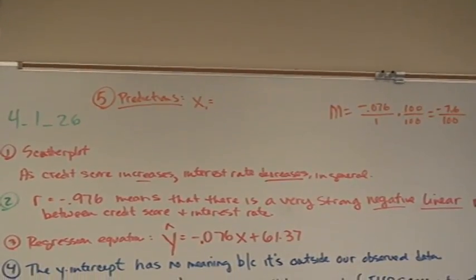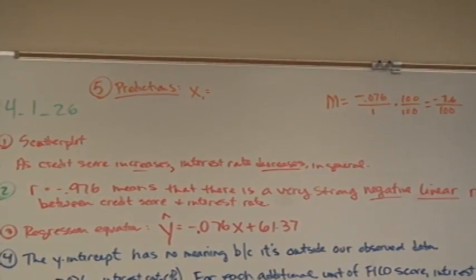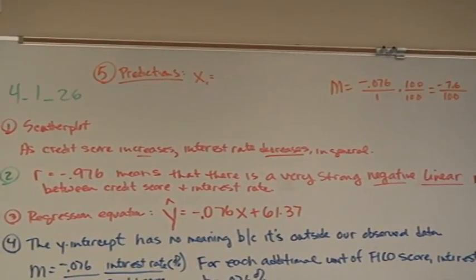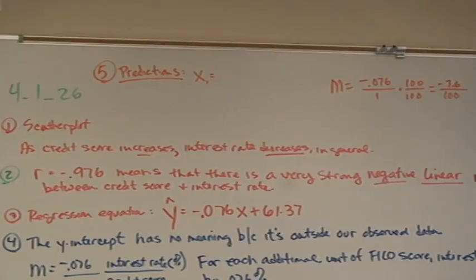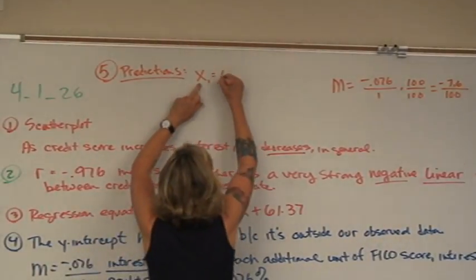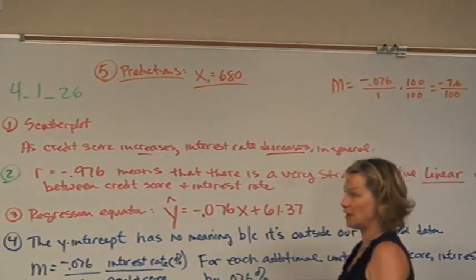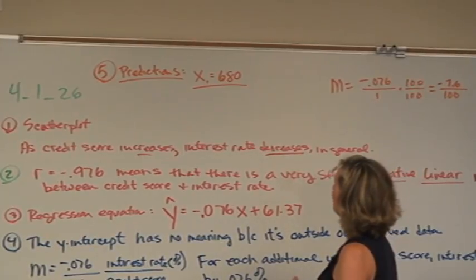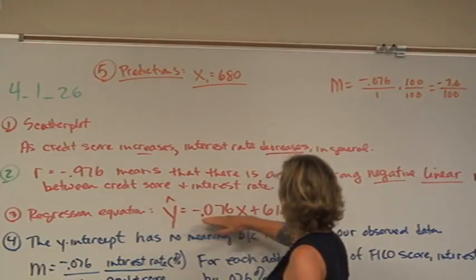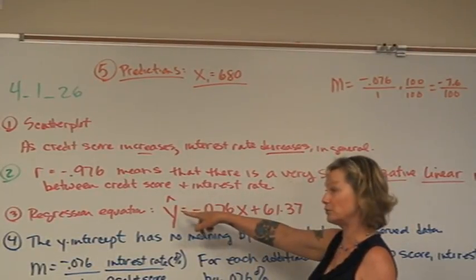Somewhere between 545 and 750. 680? Okay, thank you. Let's say you have a FICO score of 680. What kind of interest rate can you get? You could plug 680 into the regression equation for X, and get the predicted Y.